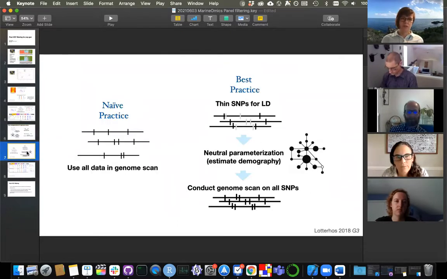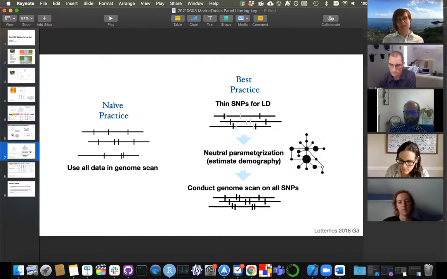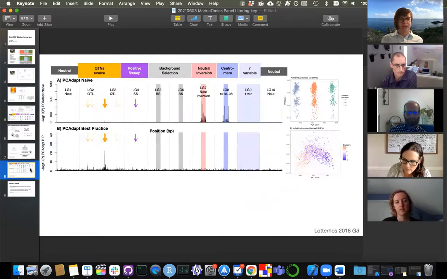So in this simulation study, when I thinned SNPs for LD first, used that thinned set of SNPs to do neutral parameterization, which is to estimate the demography for those principal components based outlier tests, and then go back and do the genome scan on all of the SNPs, you got a much more accurate estimate.